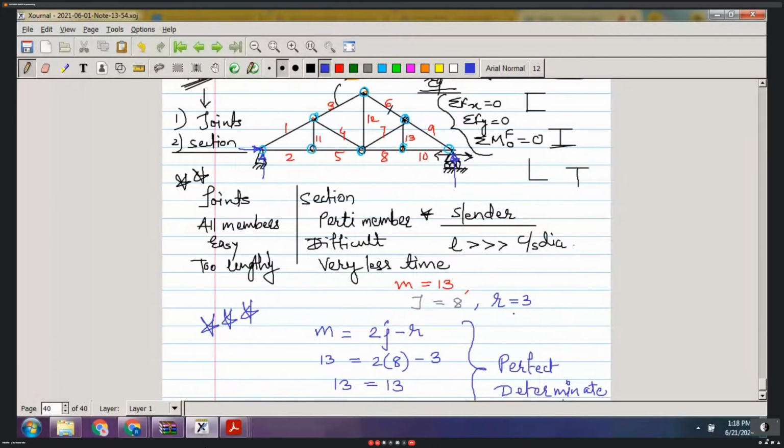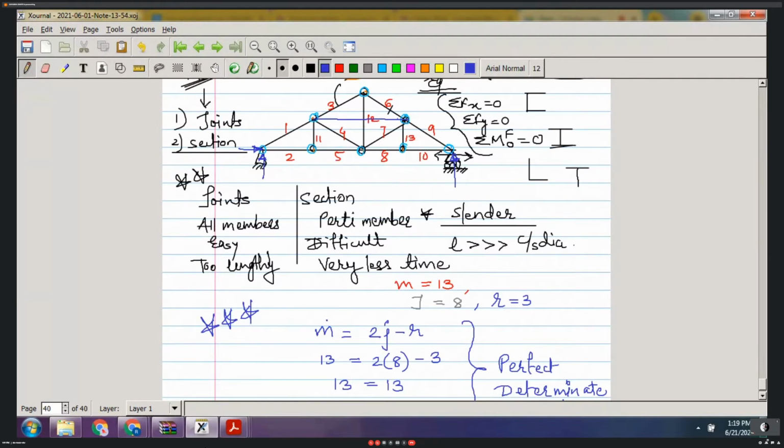If I increase one more member, suppose from this joint to this joint, I have taken one more member in the truss. Now if I write my equation M equals 2J minus R, is the left hand side equal to the right hand side? No, ma'am. Correct.